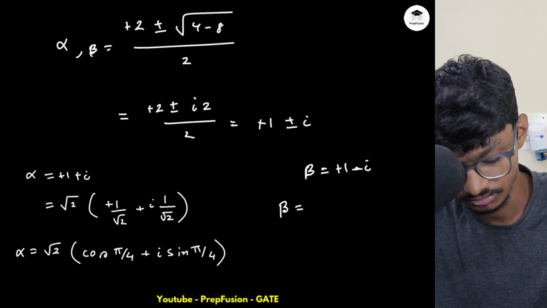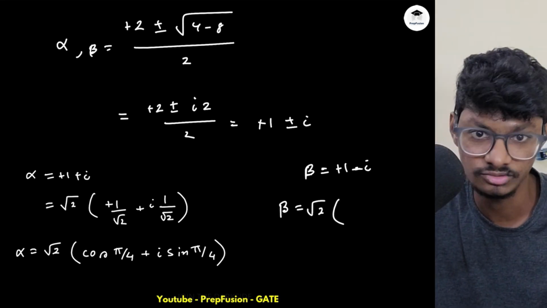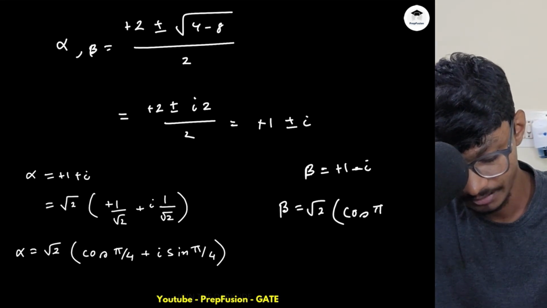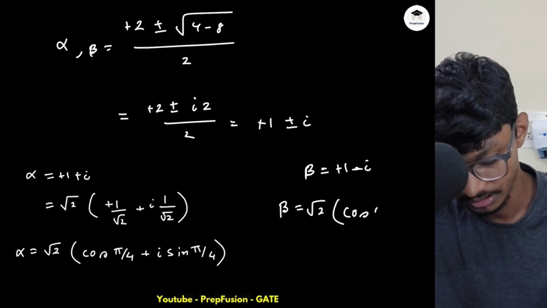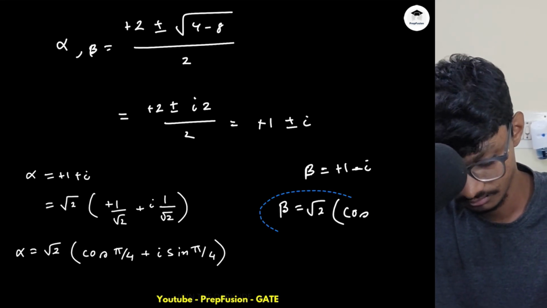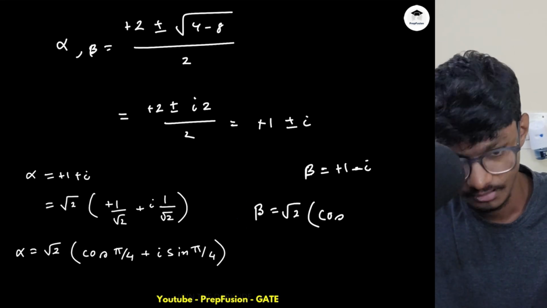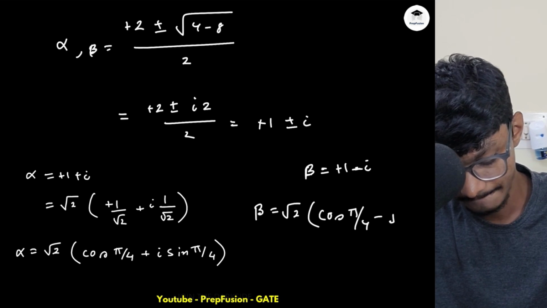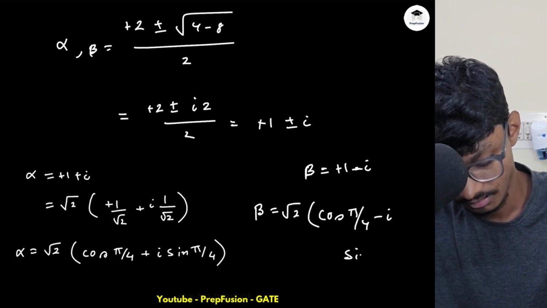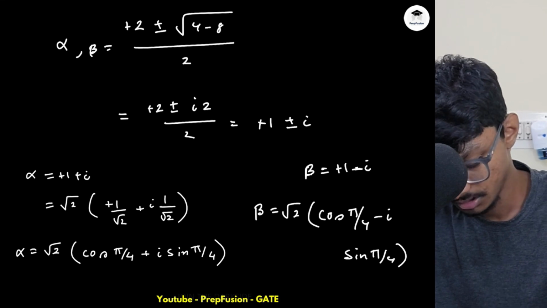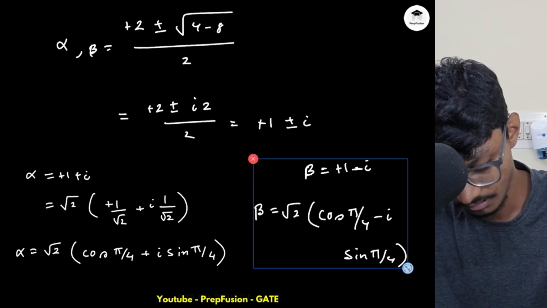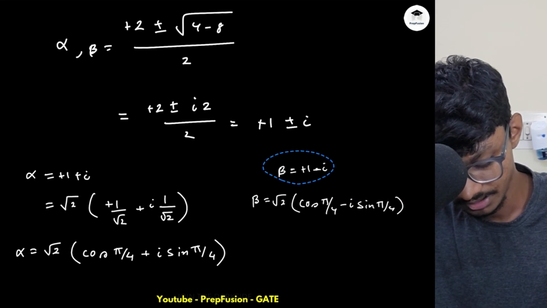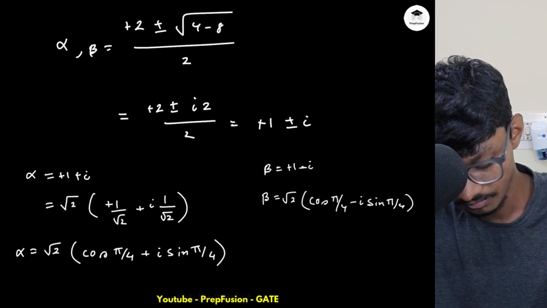Again I am taking root 2 common, and the argument is minus 45 degrees. This will be cos of minus pi by 4, or you can write it like this, minus i sin pi by 4. So this becomes this one.